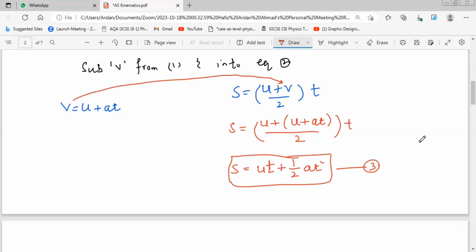Now this is the final, last equation, which is v square is equal to u square plus 2as. This is the fourth equation of motion we will prove.